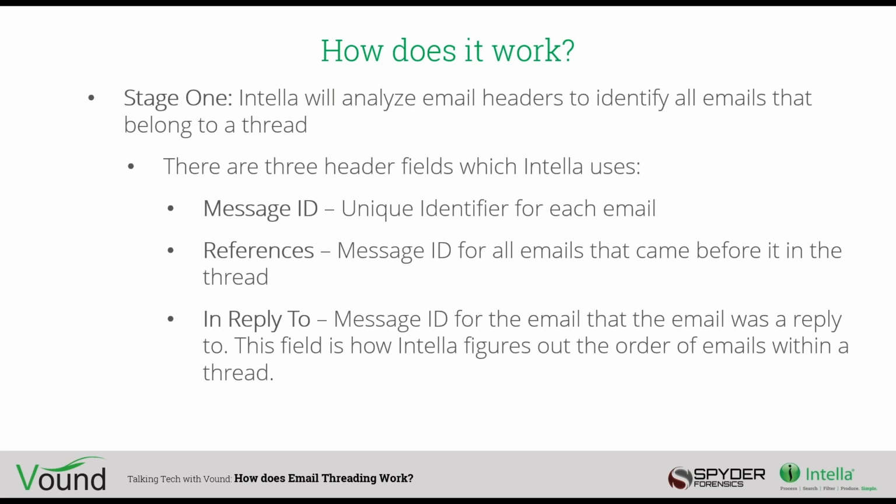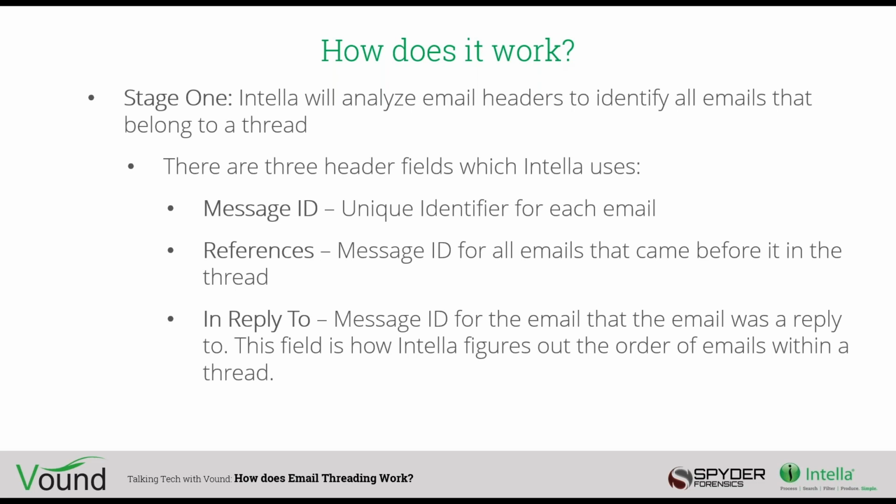But for email threading, you're focusing on 3 different header fields. The first is the message ID. The message ID is a value that will be unique for each email. So if an email has the same message ID, then it's most likely a duplicate.